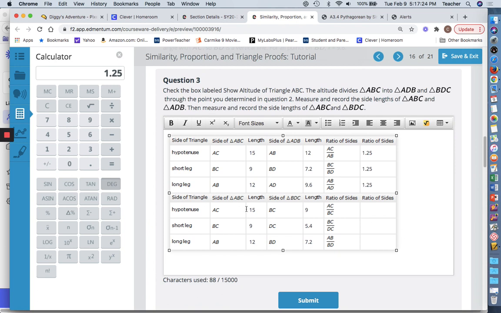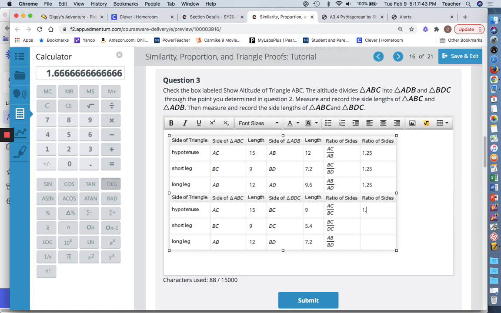All right, so same thing here. 15 divided by 9. Now, not necessarily these are going to be the same as up here. You're talking about 2 different triangles. But I guarantee you these 3 will be the same, whatever they are. So 15 divided by 9 is 1.6 repeating.